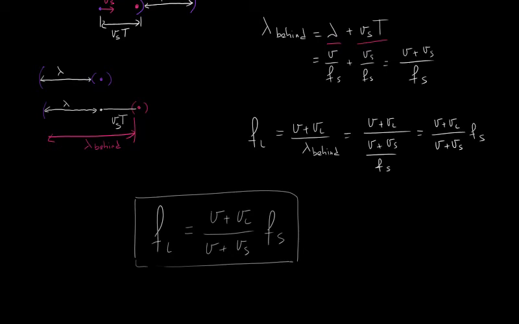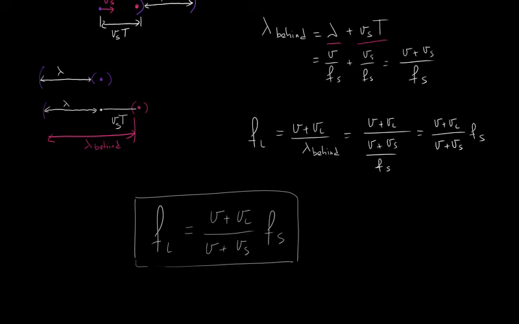Now this has many different situations. In our case, we discussed two cases. First, the source was stationary and the listener was moving towards the source, and then we discussed the source moving and the listener moving, both in the same direction.